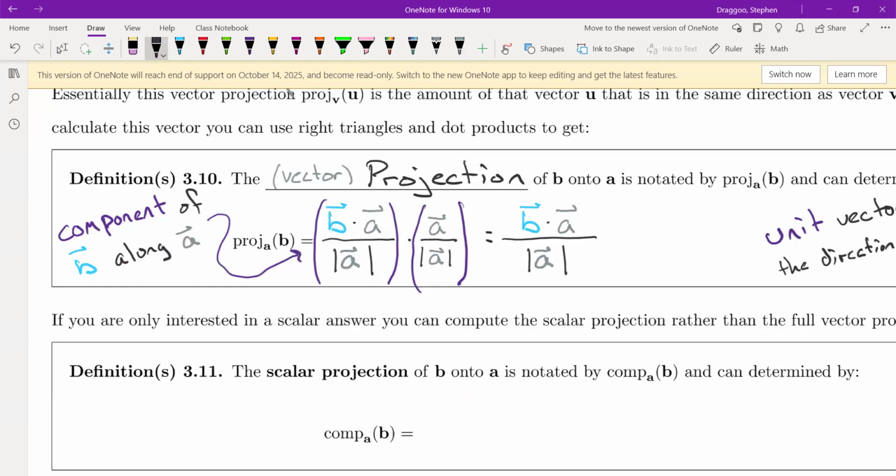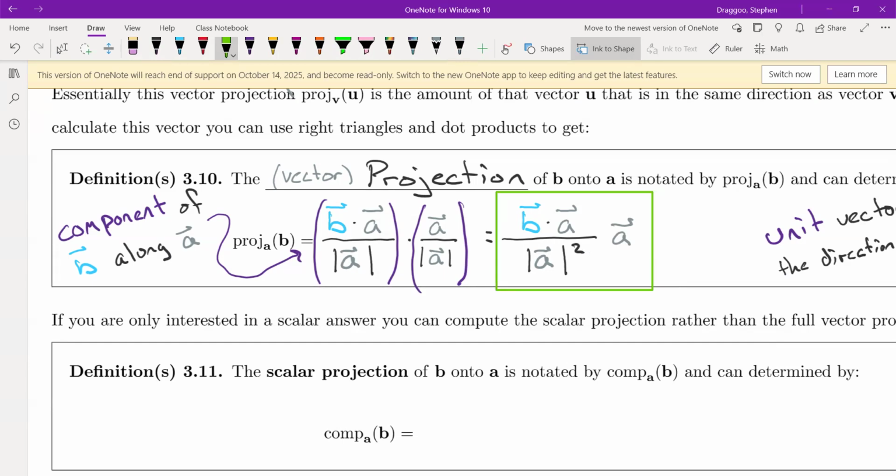If I were to simplify that expression, best I can, dot product I've got to leave alone, but my denominator, I'm just multiplying the magnitude of A twice, so I can do the magnitude of A squared. And then all of that gets attached to A. So if I just draw myself a little box, there's probably the formula that I want to use most of the time.